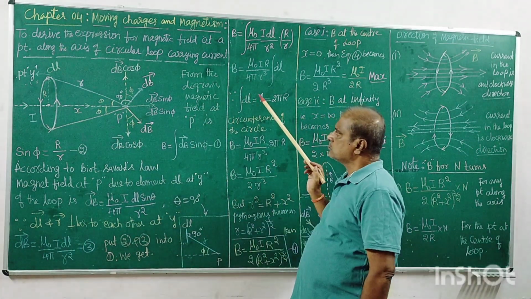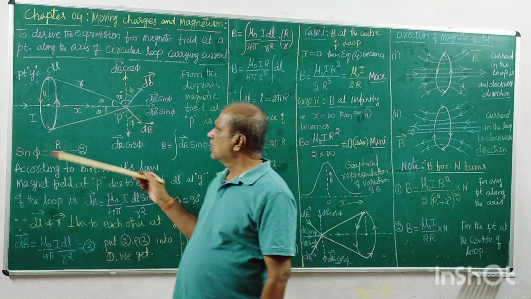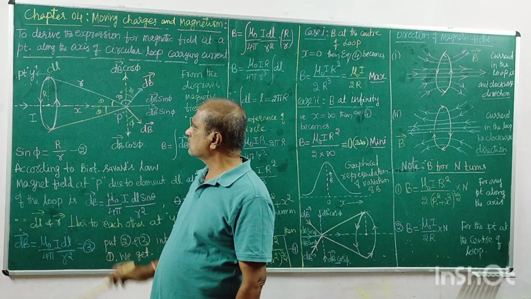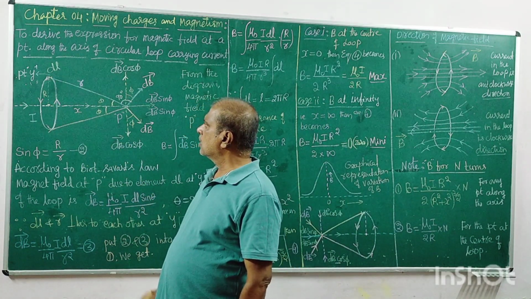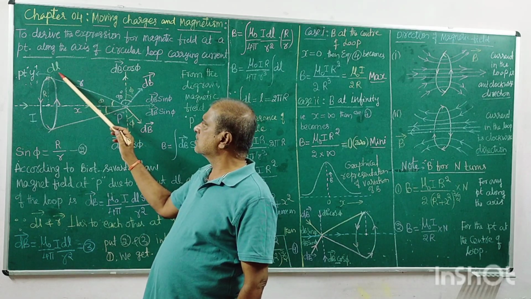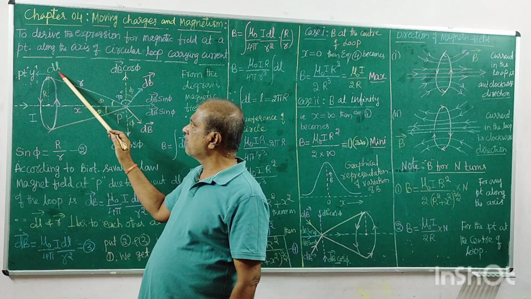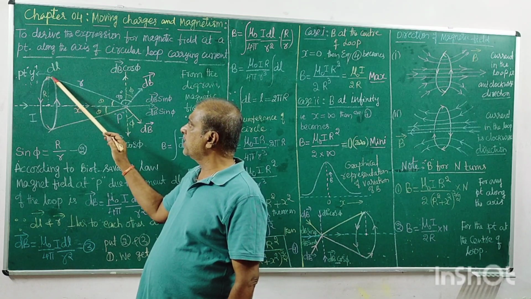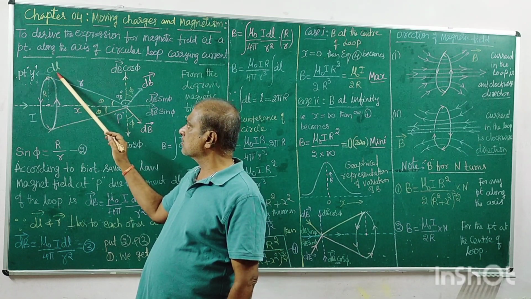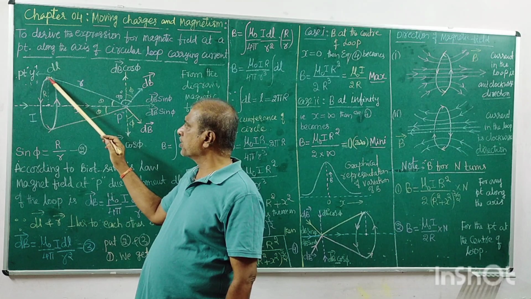This is the radius of the circle. I am taking one element, dl, an infinitesimal element of the current, dl. I am choosing this at this point.